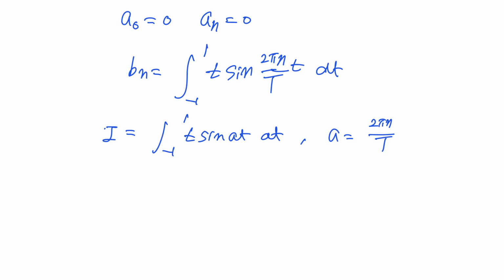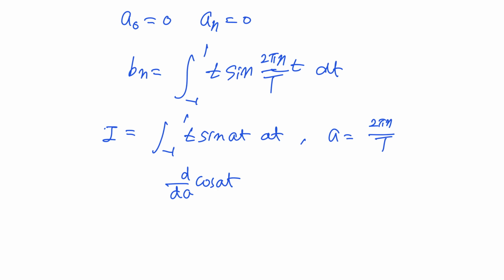What do you get? If you differentiate cosine at by a, you get minus sine at times t, right? By chain rule.